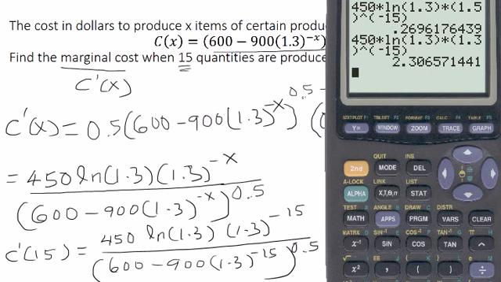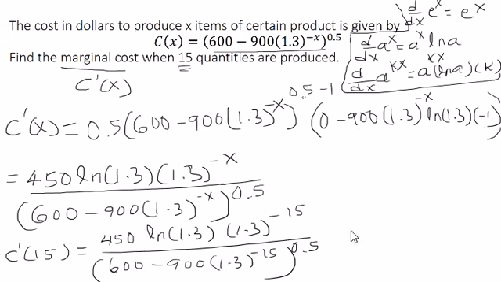So that's the numerator, which is 2.306571441. Let's copy that to the numerator here. It's going to be 2.306571441.